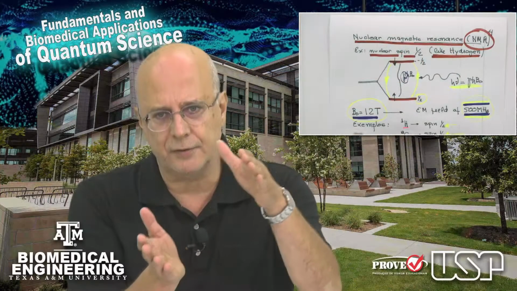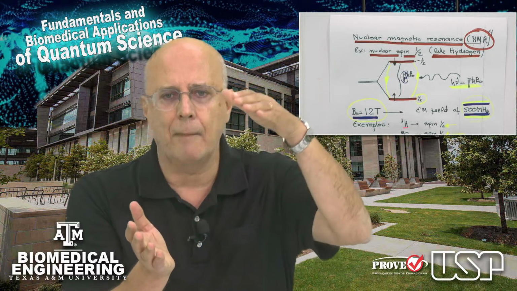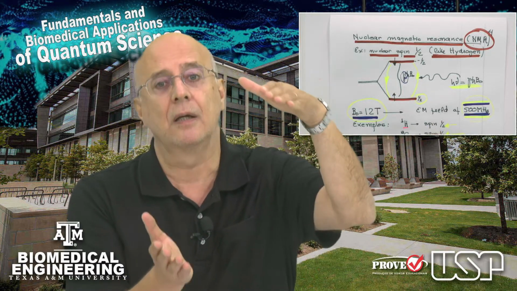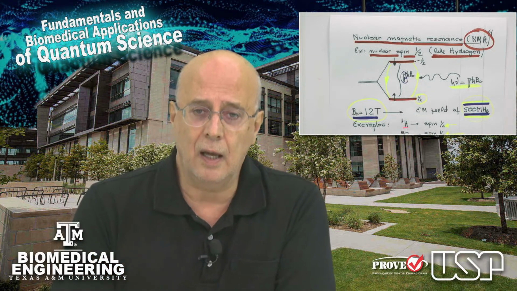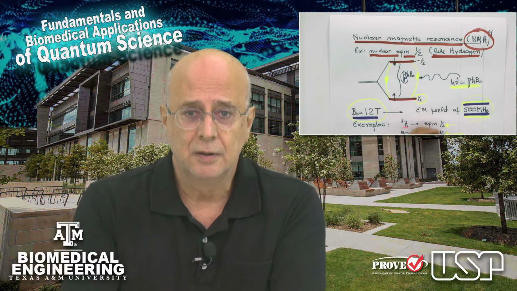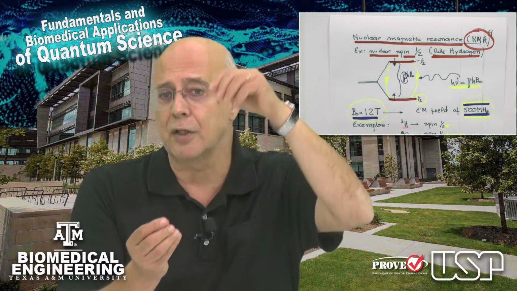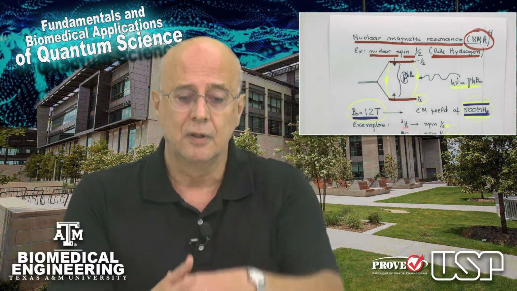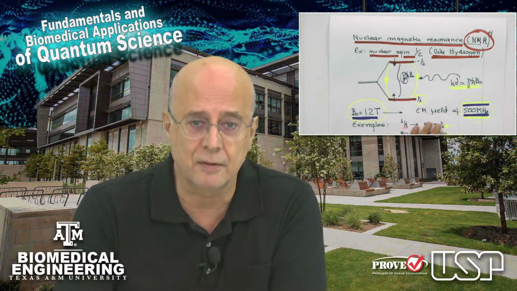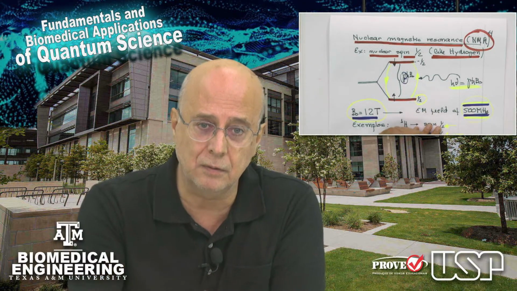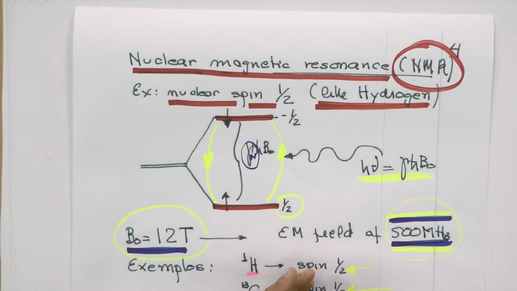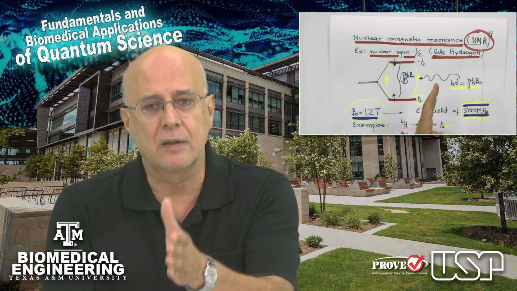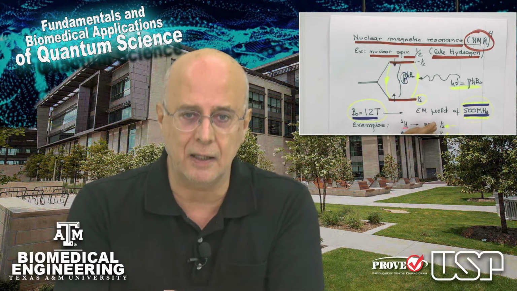We apply a bias field, we open up the components of the spin of the nuclei, for instance, hydrogen, and then there is an energy associated with these two levels. I took the example of hydrogen, which has one proton in the nucleus. The proton has spin half and has two components that will interact differently with the bias field that I apply.